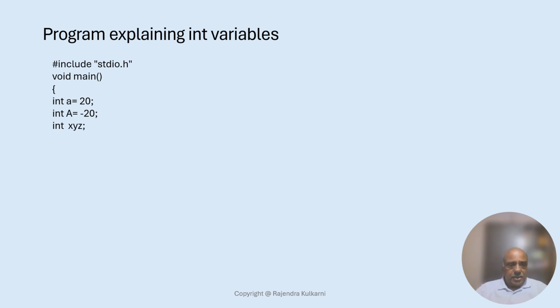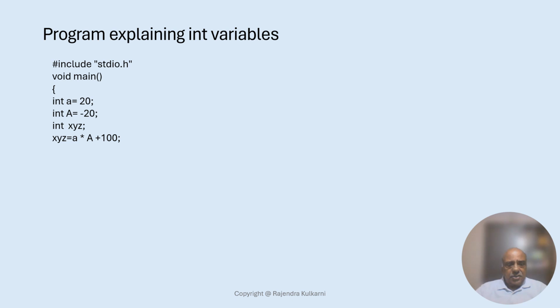There are two variables, a small case and A capital. Small a is assigned a value of 20, capital A is assigned a value of minus 20. There is a third variable, int xyz. Xyz is the name of that variable.